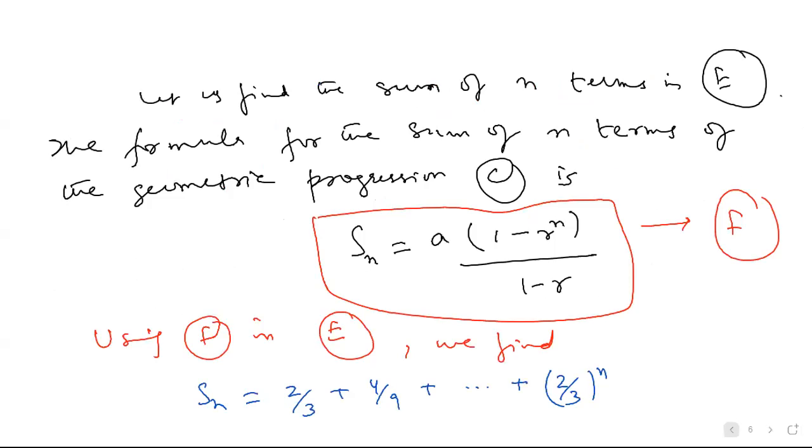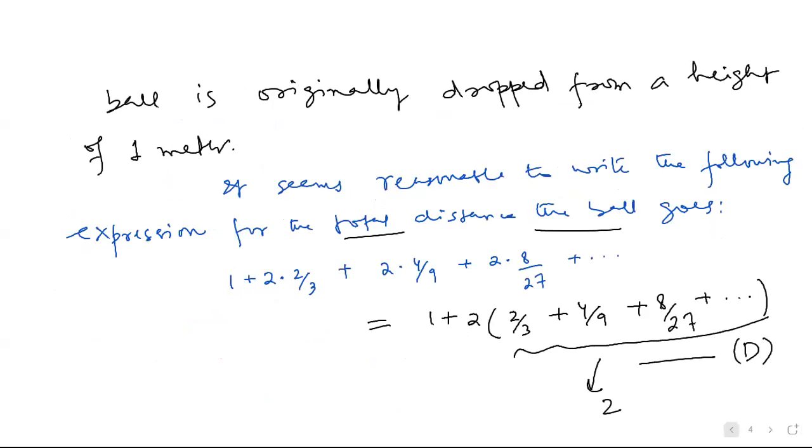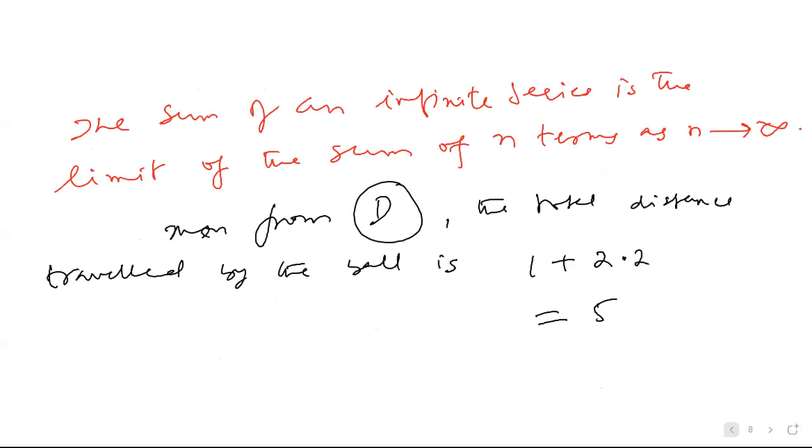Let me show you this series, which we named D. It was this one, E. This is our series. So let me write now the definition.